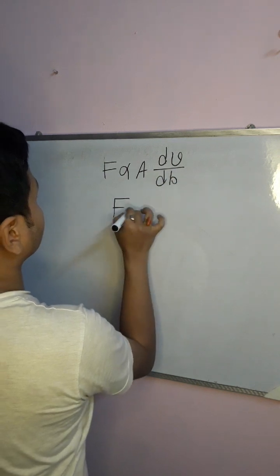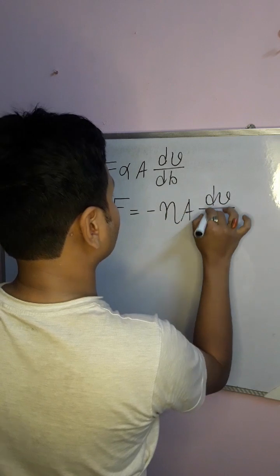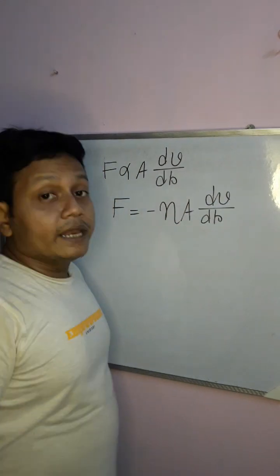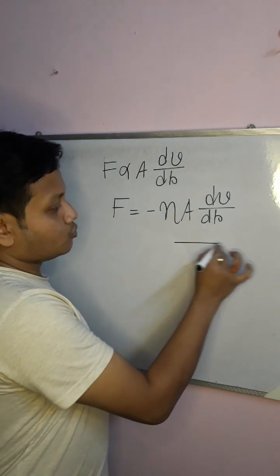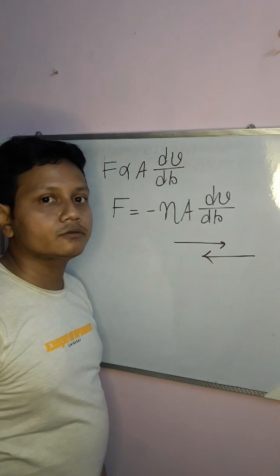Here we introduce a constant, eta, and this is called the coefficient of viscosity. The negative sign indicates that viscous force acts in the opposite direction of the flow of the liquid.